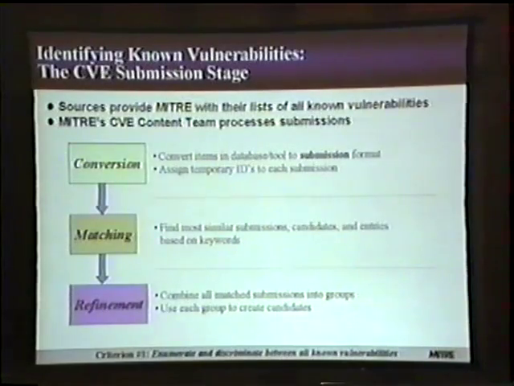And then we match these submissions all against each other. I'm going to go into a little bit more detail in a minute. And then we take each group of matched submissions, which all either discuss a single vulnerability or very closely related vulnerabilities, and then we refine them into CVE candidates, things that ultimately get a number and get proposed to the editorial board for discussion.